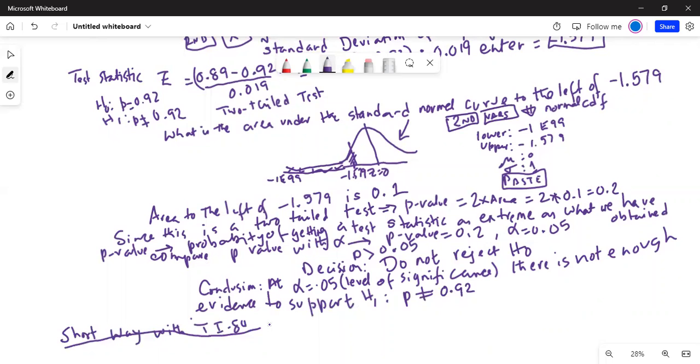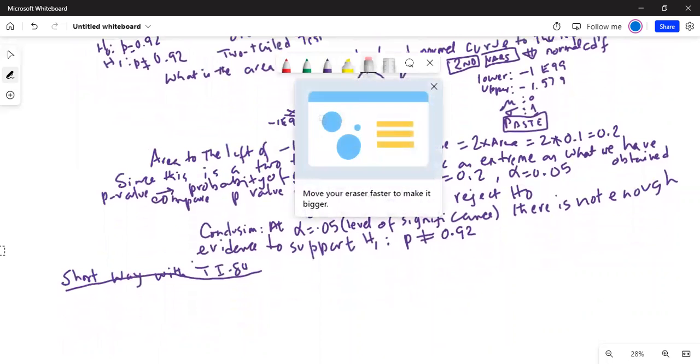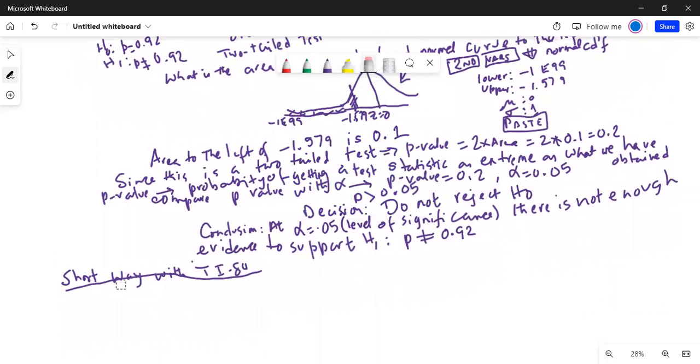Okay, so create some space. Maybe I should erase some of this line.